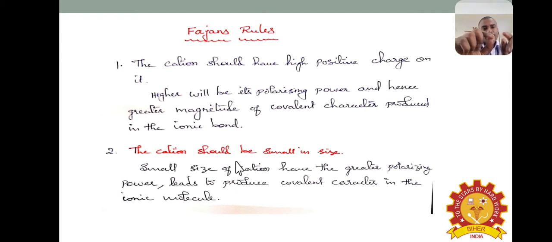That's why the pulling capacity of a cation increases. So when smaller cations come closer to anions, they can easily attract electrons from the anion. So cationic size and covalent character are inversely related: when we reduce the size, the covalent character will increase. That's why cations should be small in size.